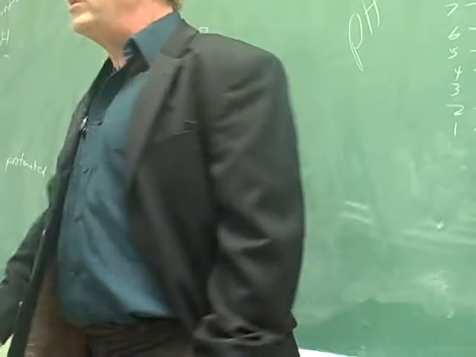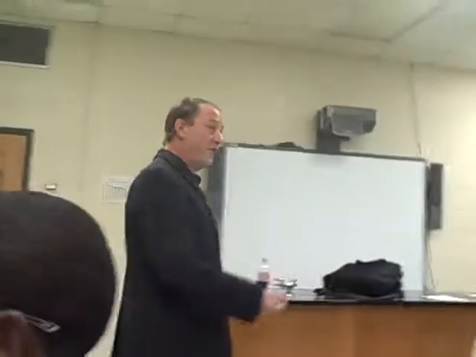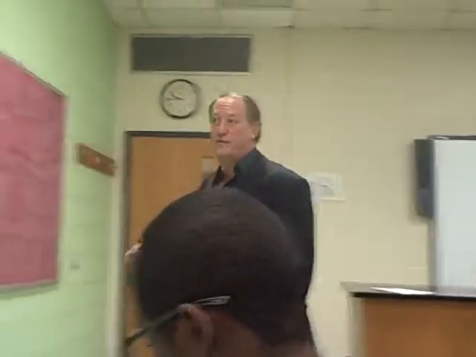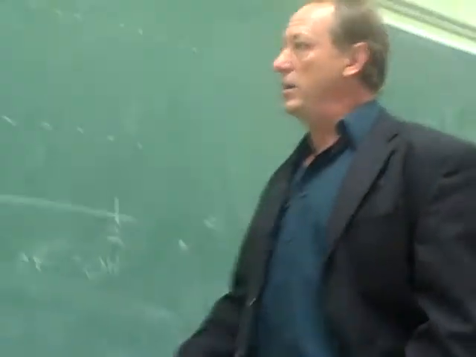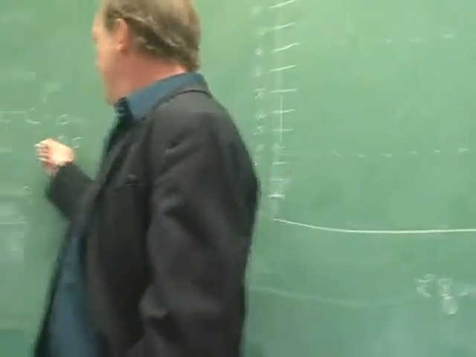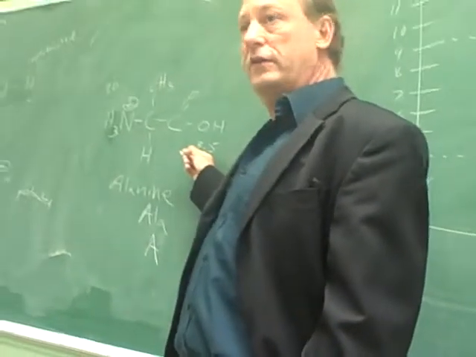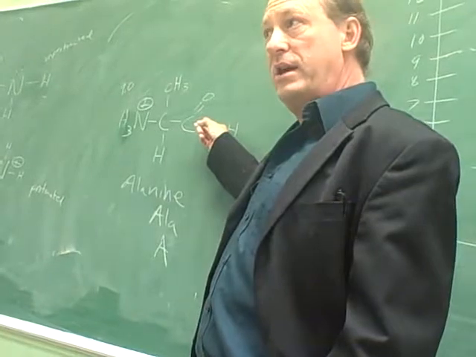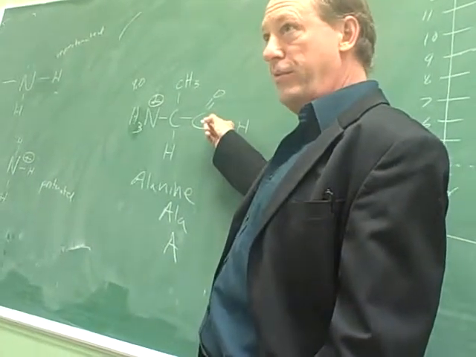And I know that the definition of pKa is the pH at which half of them are protonated and half are not, right? Well, so that means at pH 3.5, half of these are going to be protonated, half of them are not going to be protonated.